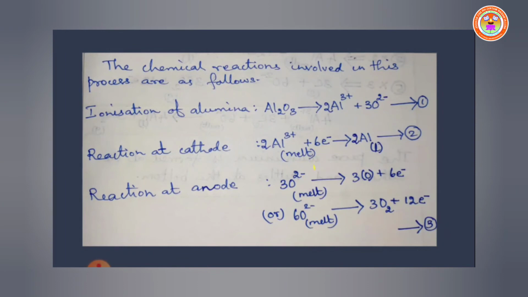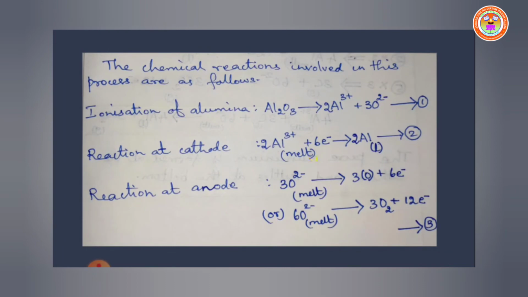As per the balanced ionization equation of alumina, 3 oxide ions are formed, isn't it? So write the anodic reaction for 3 O2- ions. At the anode, the oxide ion undergoes oxidation, that is, it loses electrons.